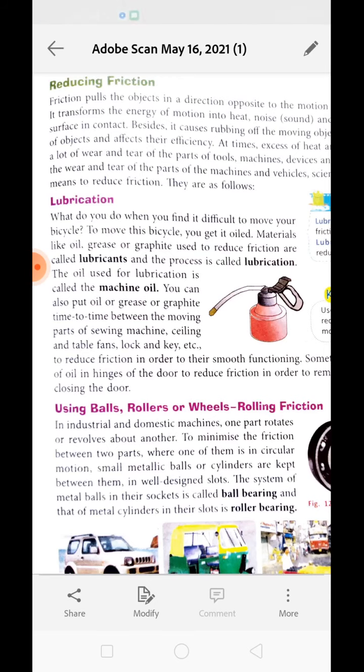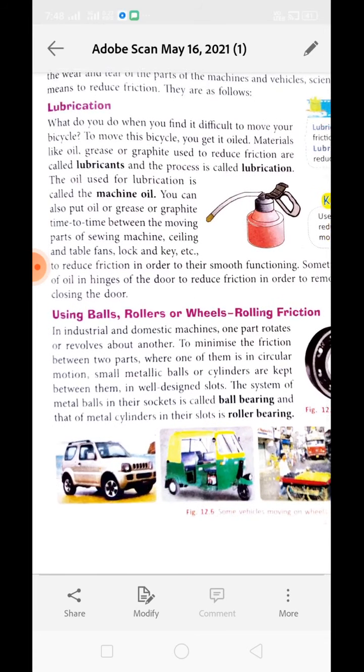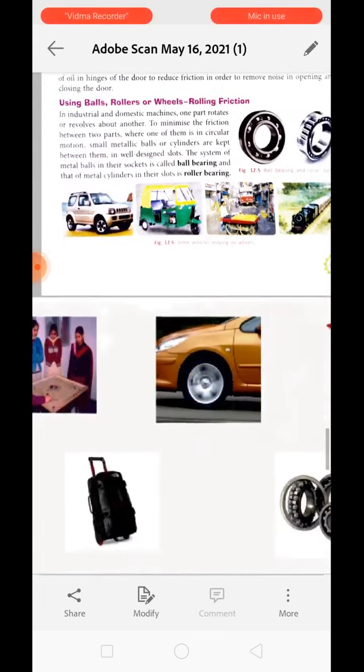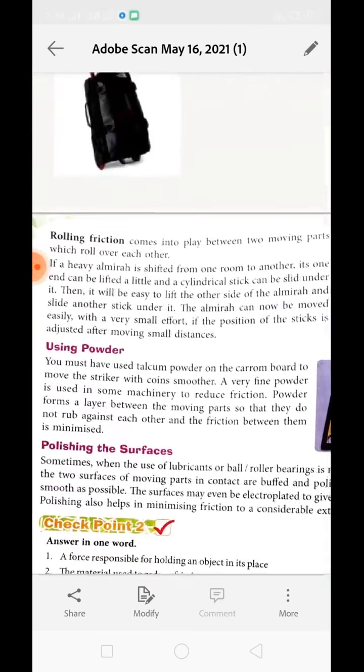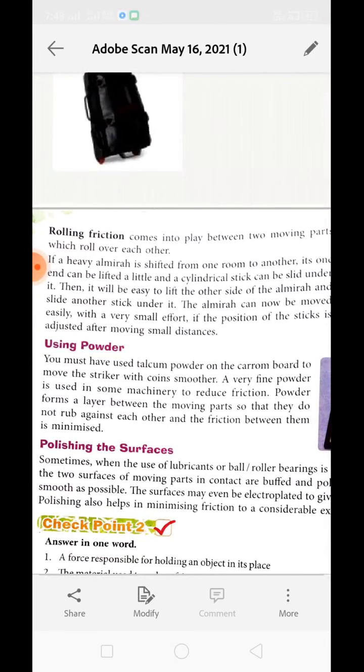Alright. Next is use of ball bearing. Ball bearings convert the sliding friction into rolling friction, hence minimize the friction. Understood? Next is using powder. Talcum powder, when used on the carom board, forms a layer on both of the surfaces and covers the rough edges of the two surfaces, and in this way it reduces friction.